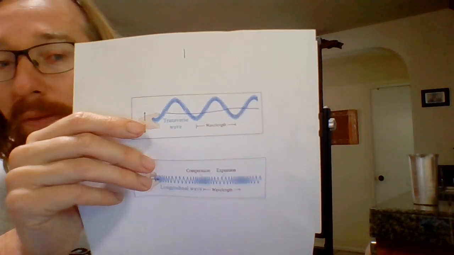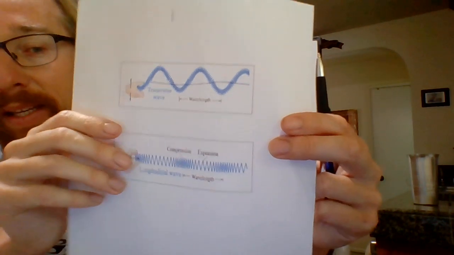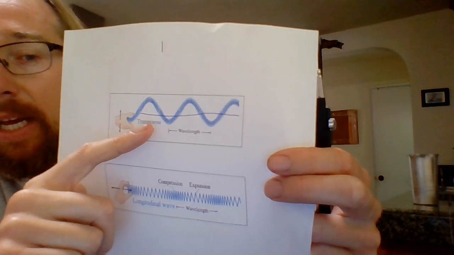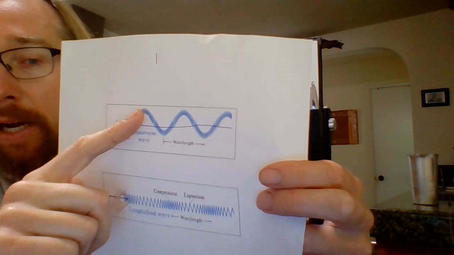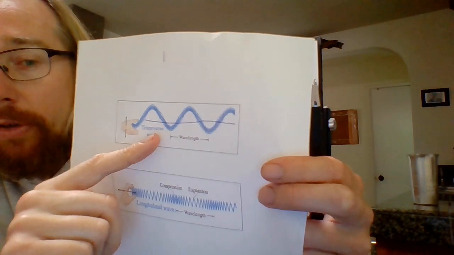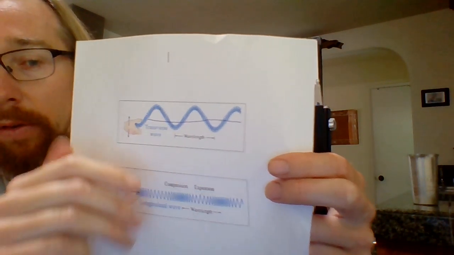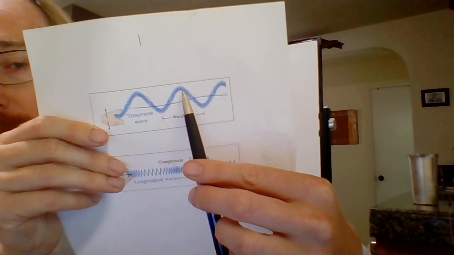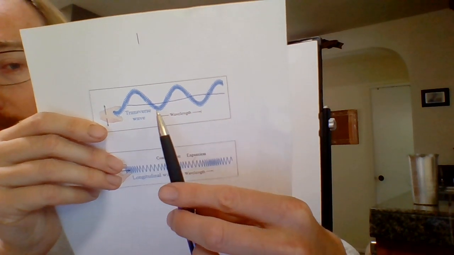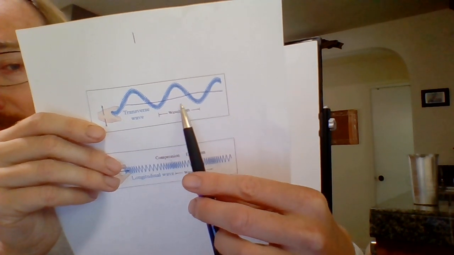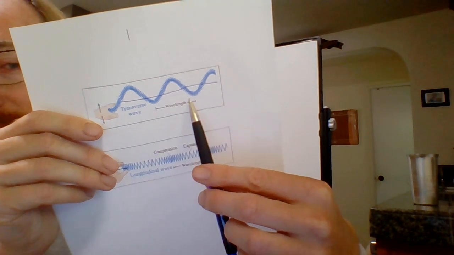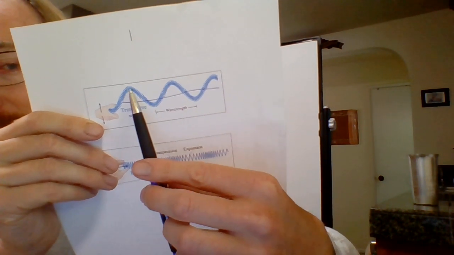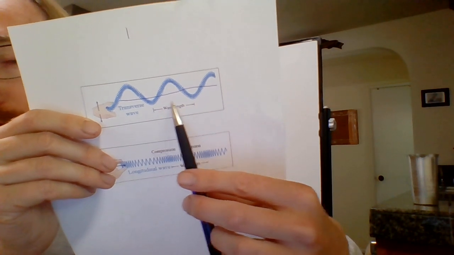And then the wavelength, for transverse waves, is the distance between either two crests or two troughs. So the wavelength in this case would run from here to there. That's one wavelength. Or you could say it runs from here to there. That's a wavelength. So it's either the distance from crest to crest, or the distance from trough to trough.